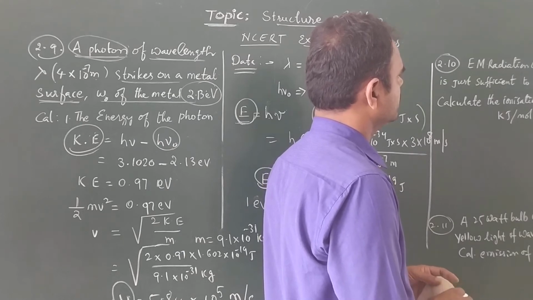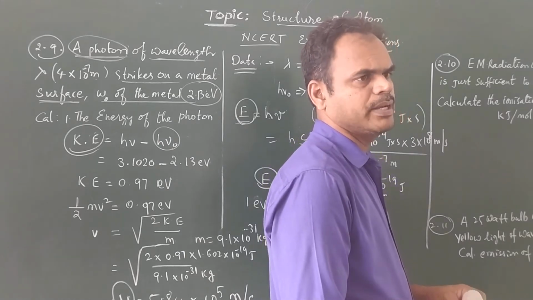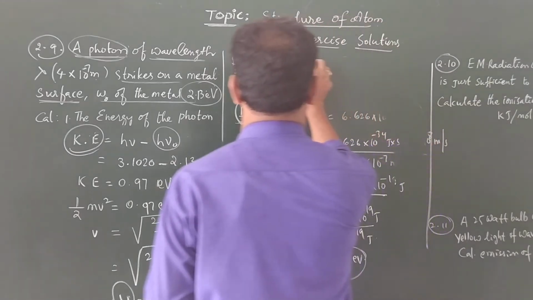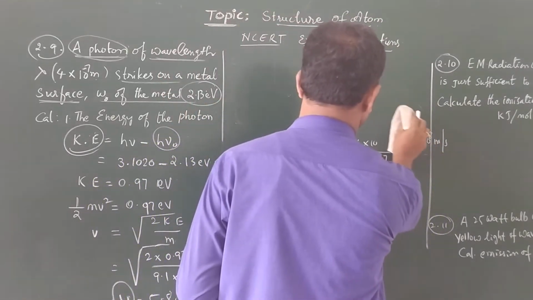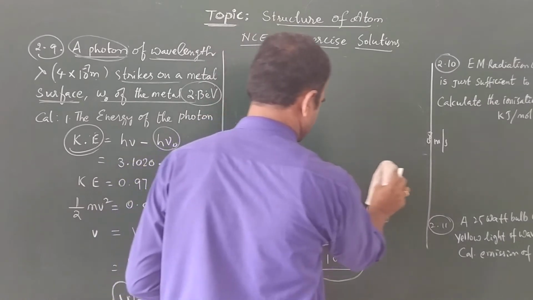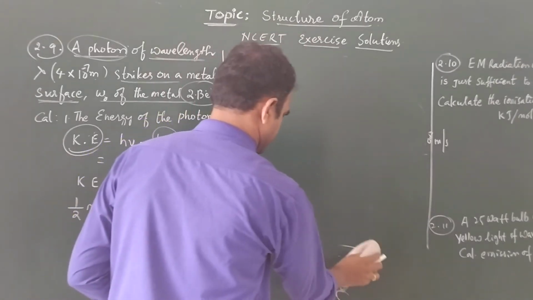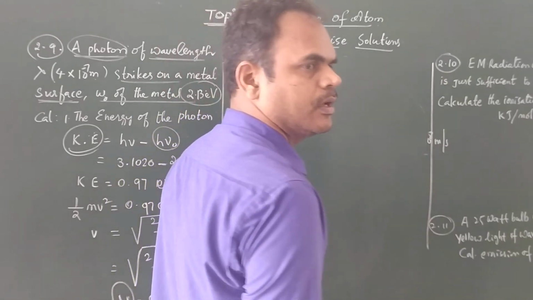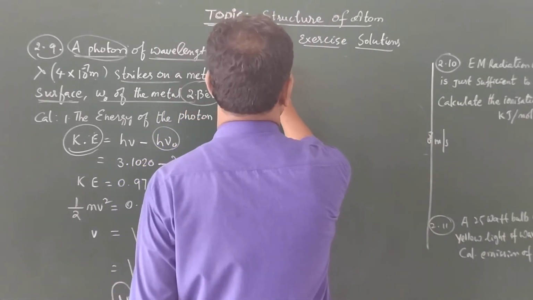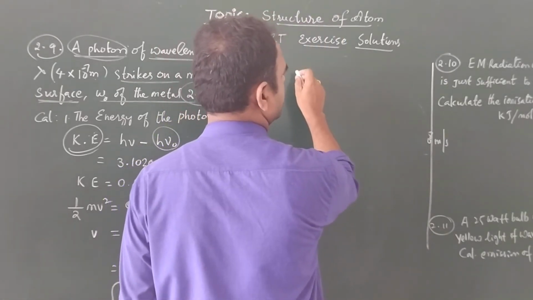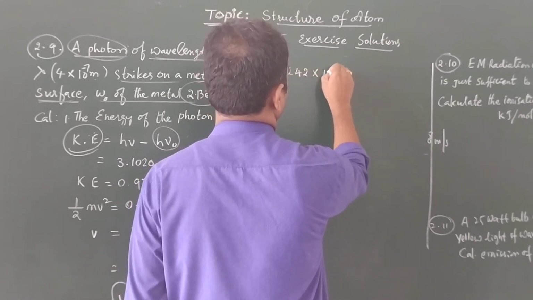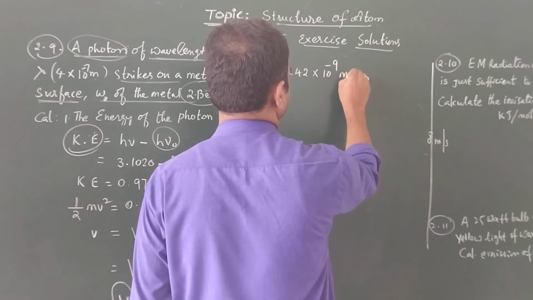So 1 nanometer equals how much? Anybody? 10 to the power of minus 9 meters. Meters or centimeters? So the electromagnetic radiation wavelength given is 242 nanometers, converting to 10 to the power of minus 9 meters.